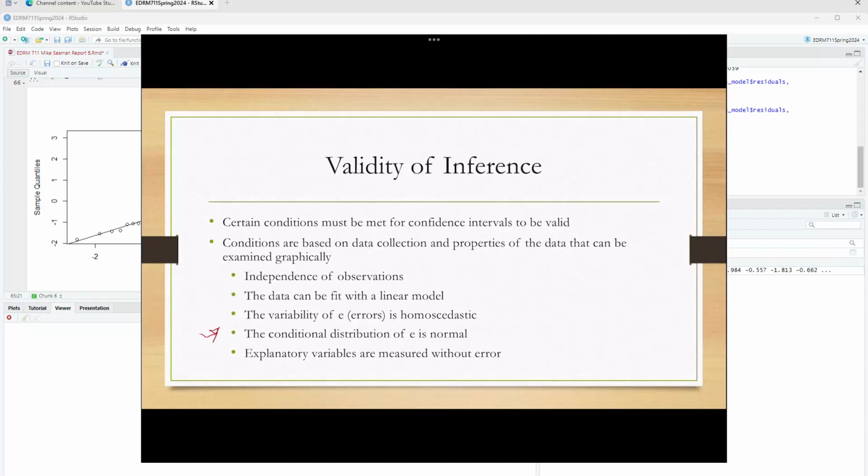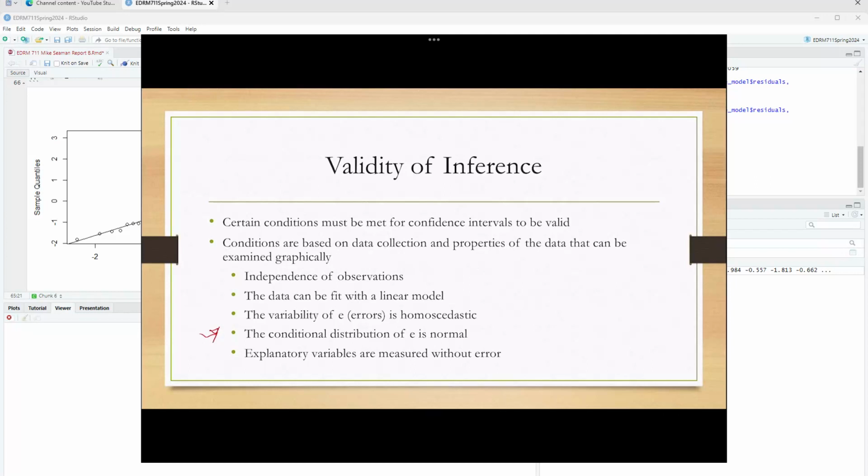One final thing I'll say before we move on to the next video, in which I'm going to talk about the reasons that we need all these for making inferences, is I want to ask this question. I'm asking it rhetorically because I'm going to answer it myself. The question is this: what if you don't have any of these conditions?